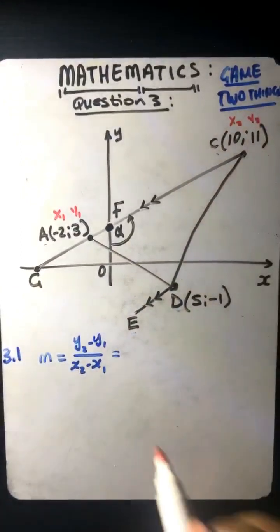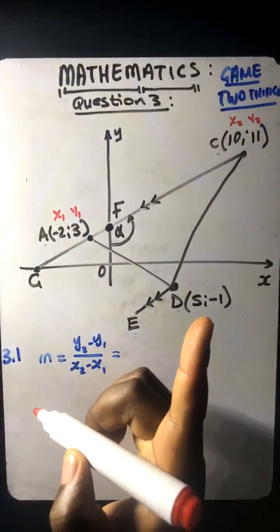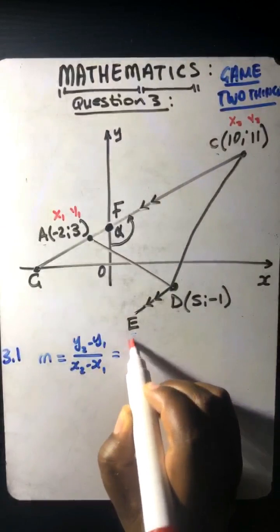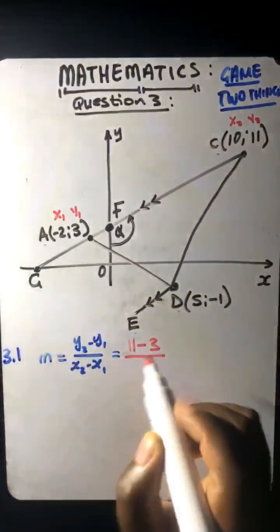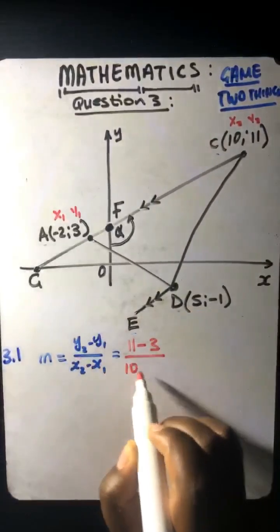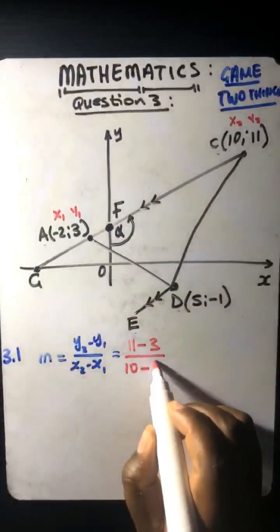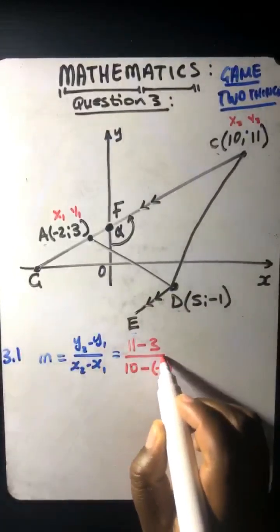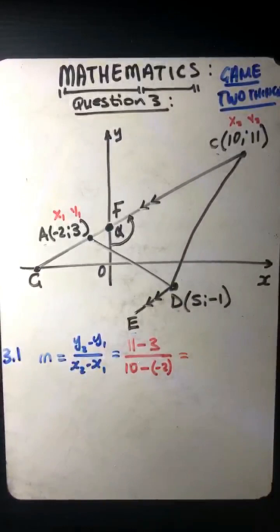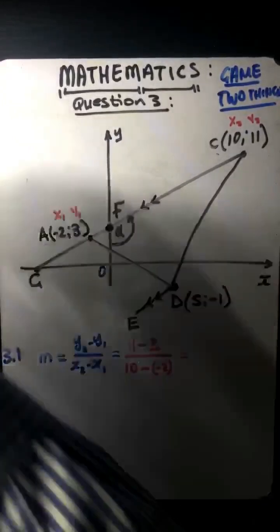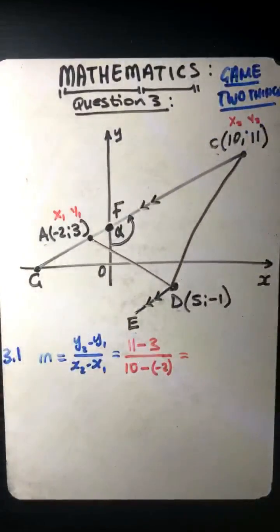That is why we're going to say our y2 is 11 minus our y1 being 3, over our x2 being 10 minus our x1 from the formula. Remember, it's a negative value, and we said in our lessons a negative value means a hot pot, and you need to put on the gloves so that you don't get burned. That is why I'm putting that negative inside the bracket.